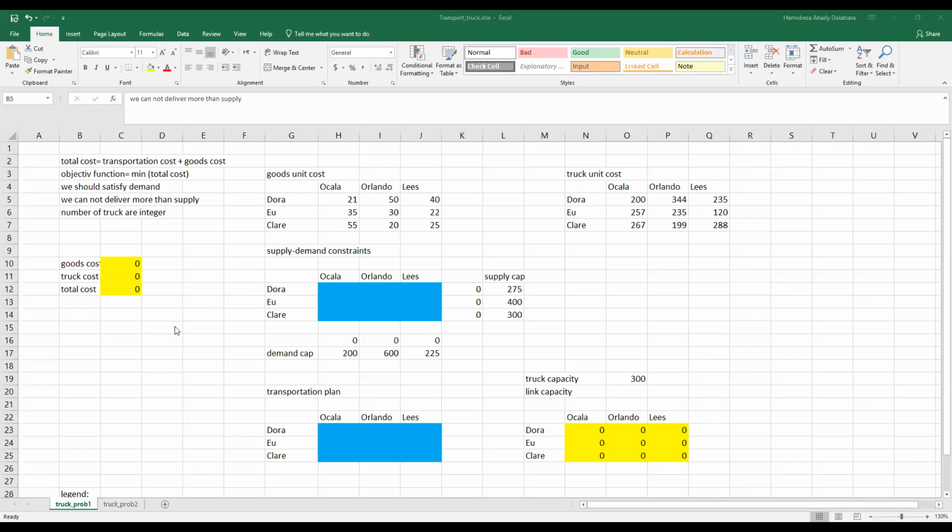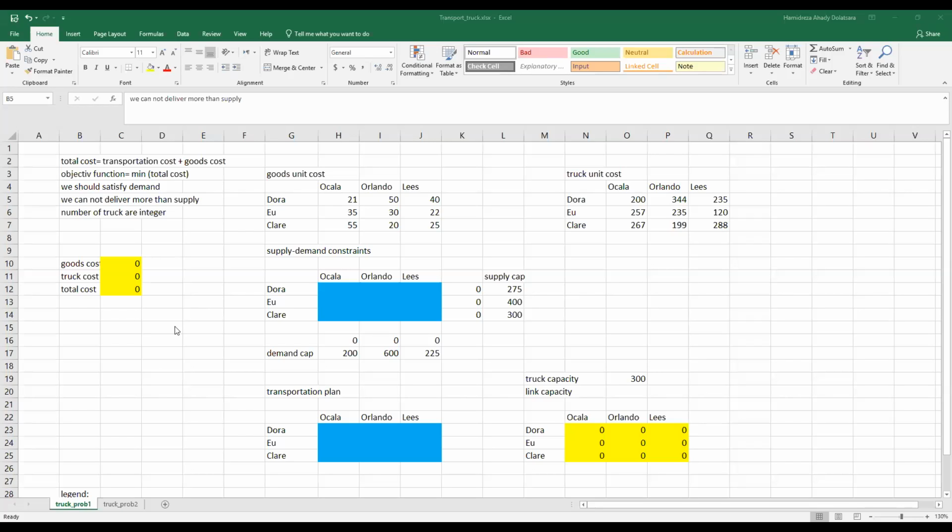So again, total cost is the transportation cost plus how much we pay for the goods, because based on the table that I provided to you, if you send some goods from supply to customer, you might pay different amounts.